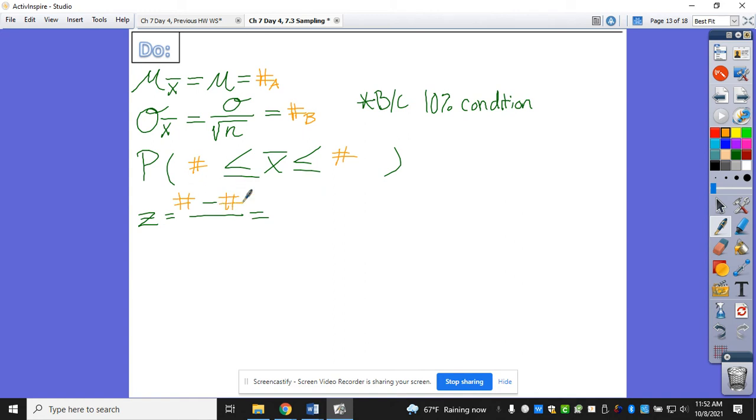If you call them number A and number B, this is where number A goes, and this is where number B goes. And then I rewrite in terms of Z.